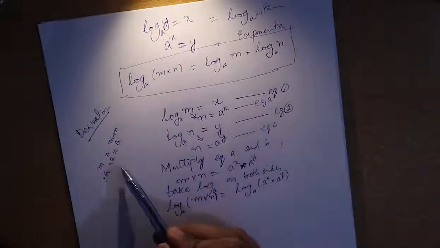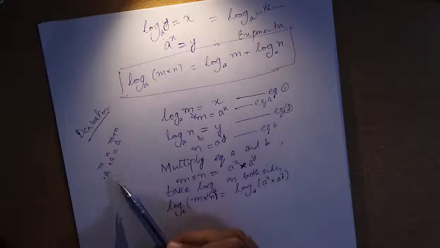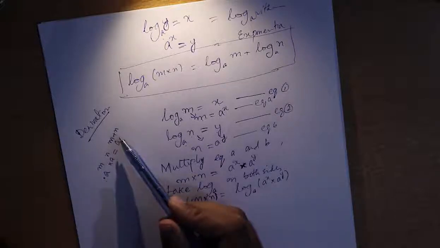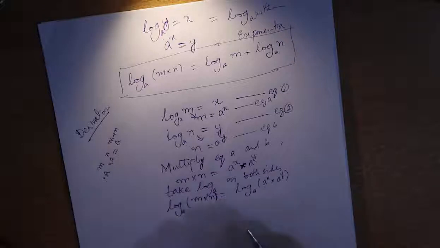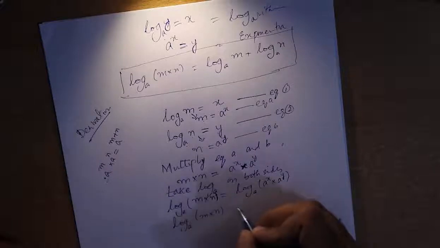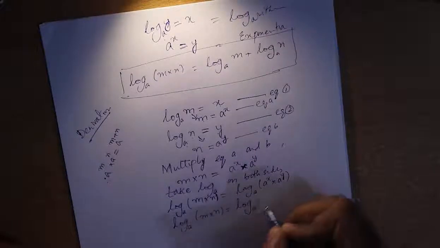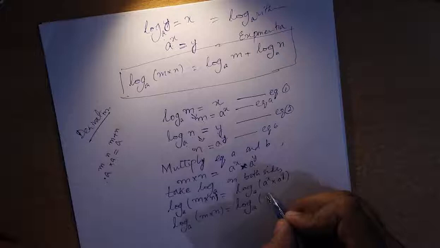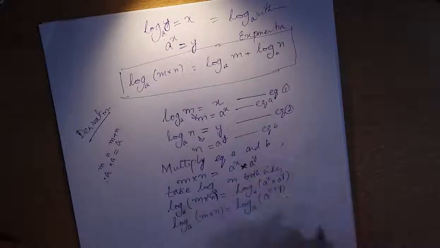Whenever the base is the same and they are multiplying, their powers should be added. So we can write it as log a of m into n equals log of a to the x plus y, because their bases are the same and they are multiplying.